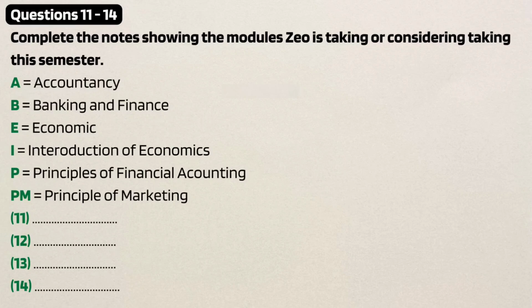Now turn to part 2. Part 2. Zoe goes to talk to her academic advisor. First, look at questions 11 to 14.